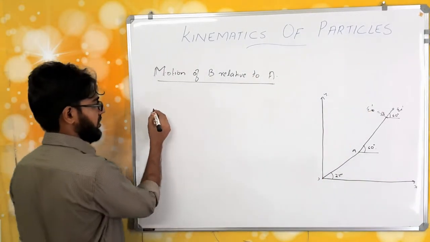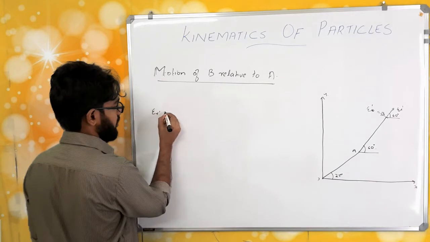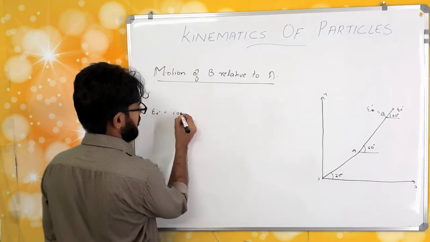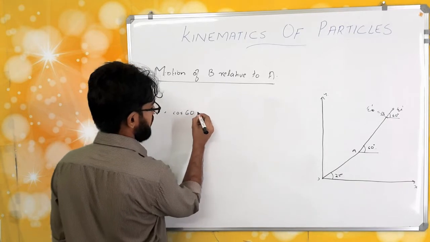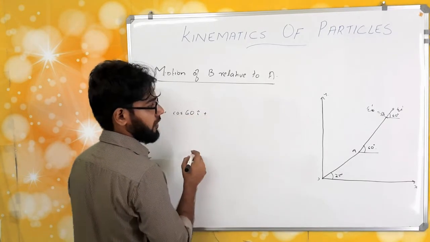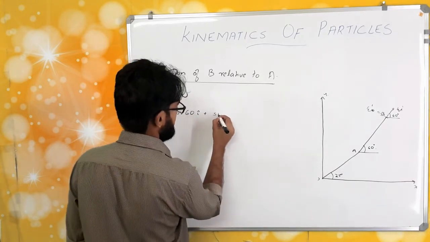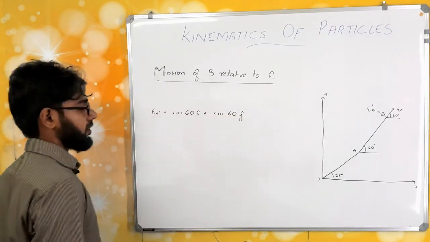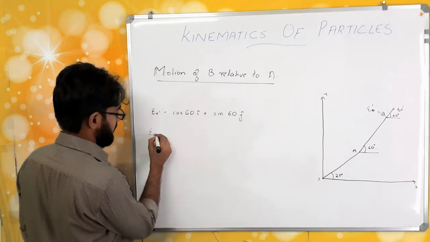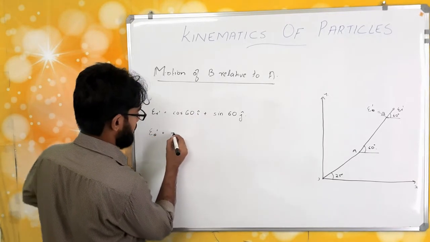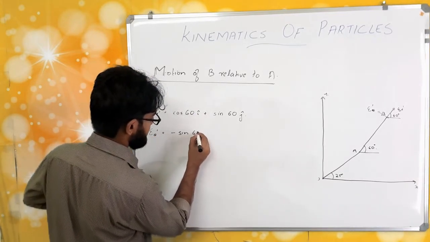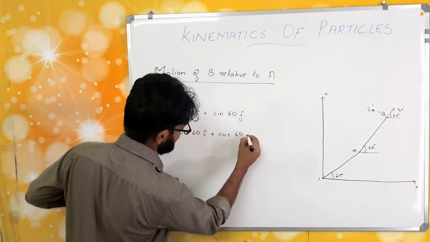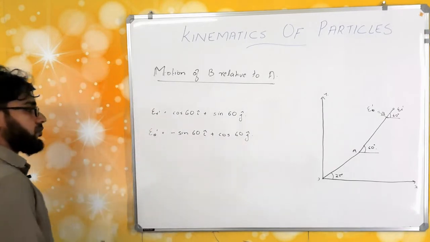From this figure, it is clear that epsilon R dash is equal to cos 60 into i cap plus sin 60 into j cap, and epsilon theta dash will be equal to minus sin 60 into i cap plus cos 60 into j cap.